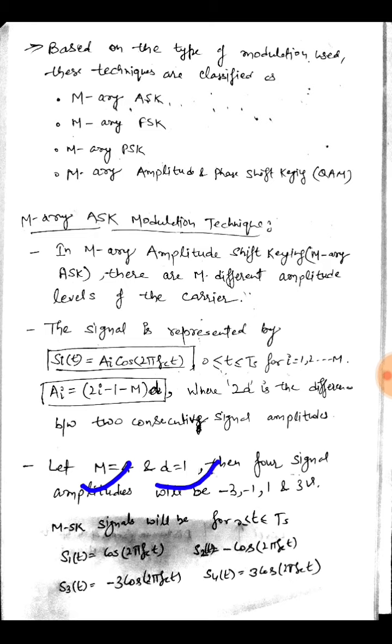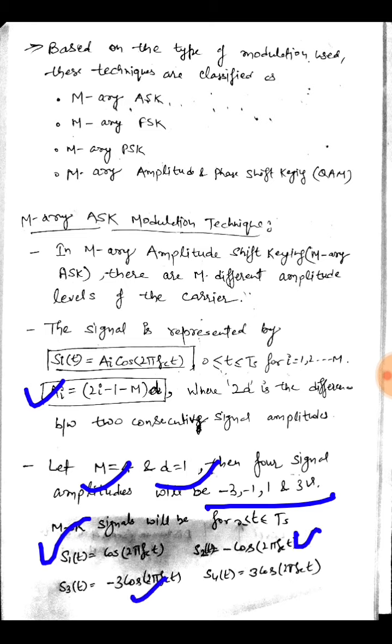If this is the scheme, we have 4 levels, and d is equal to 1, that is the difference between two consecutive signal amplitudes. Then the amplitudes, if we put these values in the formula, would come out to be minus 3, minus 1, 1 and 3 volt. So these MASK signals can be represented as: s1(t) would be the first carrier, cos 2 pi fc t; the second carrier signal would be minus 1 cos 2 pi fc t, that is the amplitude is minus 1.